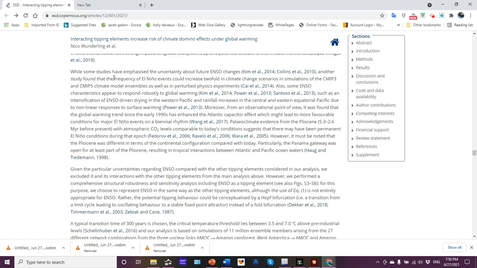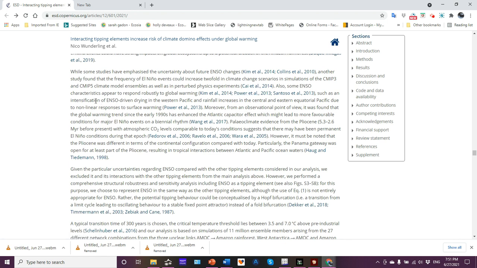While some studies have emphasized the uncertainty about future ENSO changes, another study found that the frequency of El Nino events could increase twofold in climate change scenarios and simulations of the CMIP3 and CMIP5 models, as well as in perturbed physical experiments.